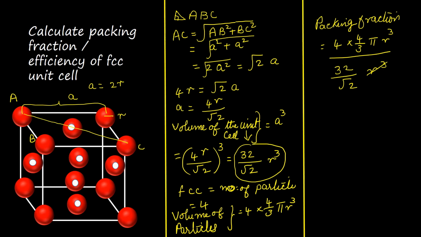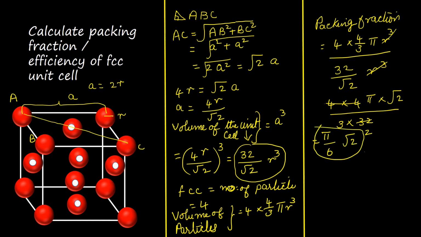R cube and R cube get cancelled. On simplification, 4 into 4 pi into root 2 by 3 into 32 equals pi by 6 into root 2. On simplification, 0.74. Packing fraction is 0.74.